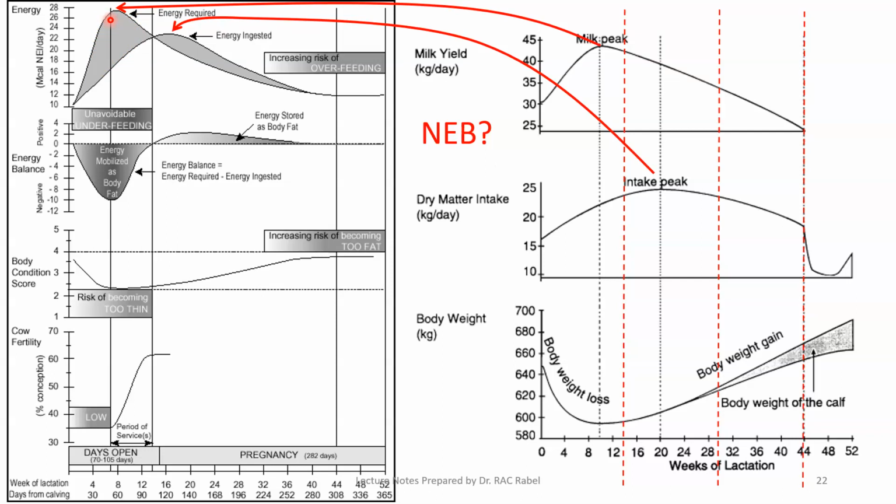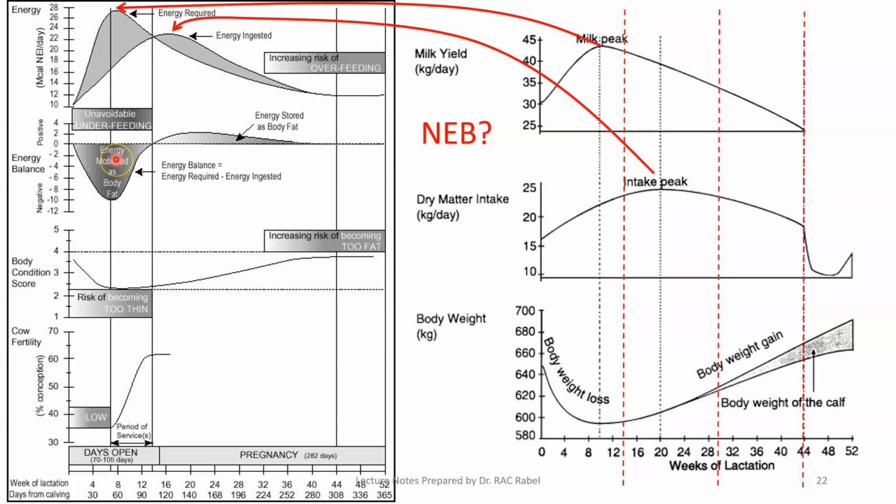Mobilizing means body fat storages are broken down, converted to energy, and used here, which means body fat levels go down, right? Now that might be a good thing for somebody like me, with a big stomach, but for a dairy cow, I don't know if that is such a good thing.